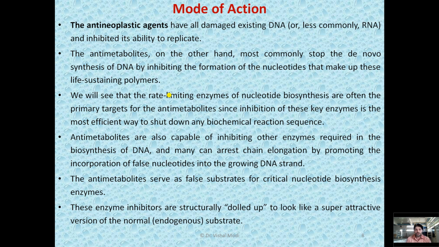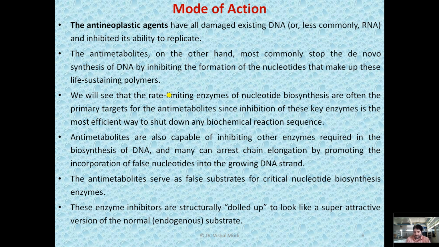Antimetabolites are also capable of inhibiting other enzymes required in the biosynthesis of DNA, and many can arrest chain elongation by promoting the incorporation of false nucleotides into the growing DNA strand. The antimetabolites serve as false substrates for critical nucleotide biosynthesis enzymes.